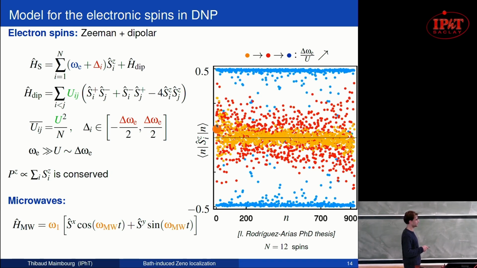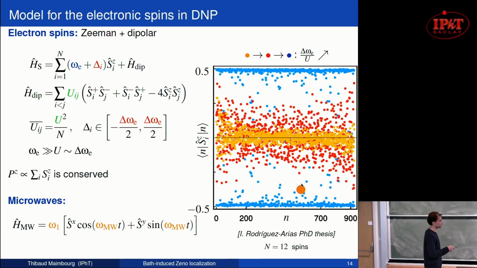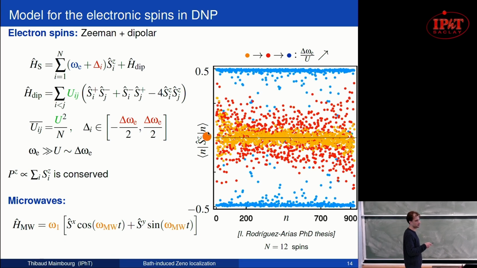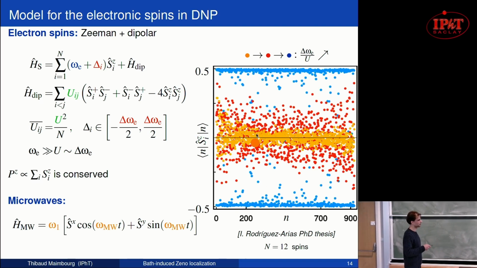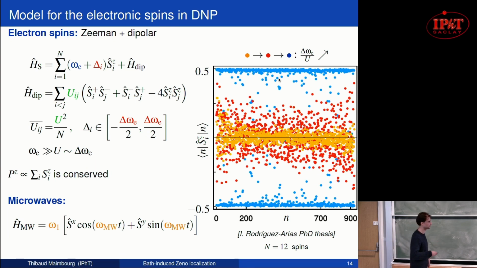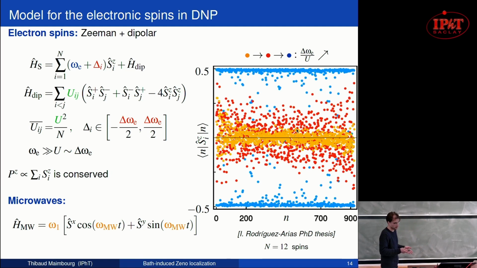This is done for all the eigenstates in the zero polarization sector. So you expect that every spin will have zero magnetization, and this is what you see here. Everything is concentrated on the zero value, which is not the case if you have a larger disorder. If you have a larger disorder, each eigenstate fluctuates between plus or minus 1/2. So now I'm thermalizing, so I just take this situation here. This means strong enough interactions.